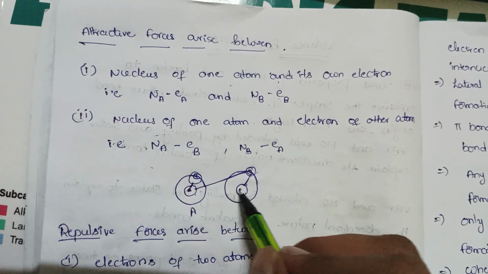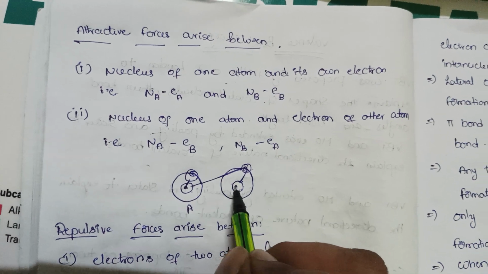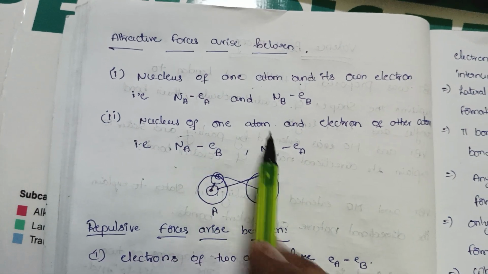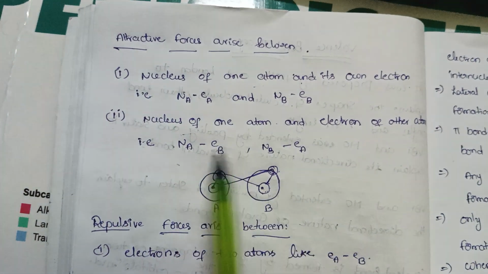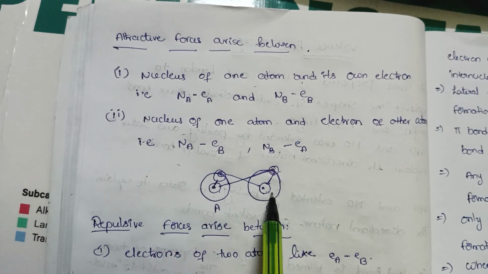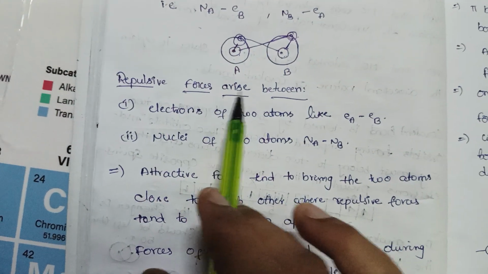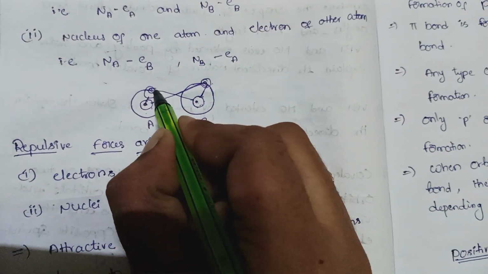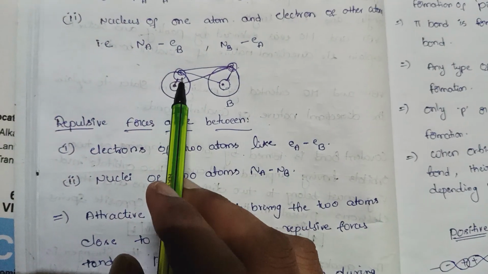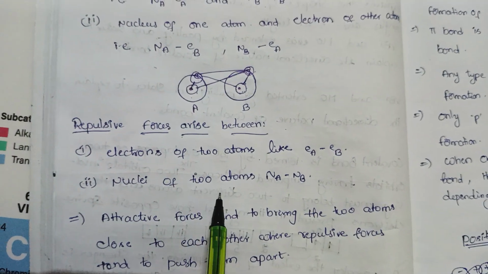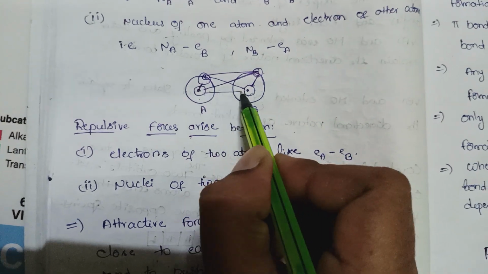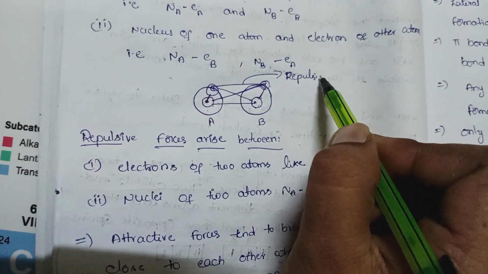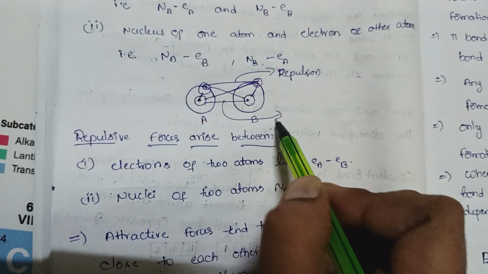At the same time, the nucleus of the other atom and the electron of the first atom also attract. Repulsive forces arise between the electrons of the two atoms, EA and EB, and between the nuclei of the two atoms. This also is repulsion.